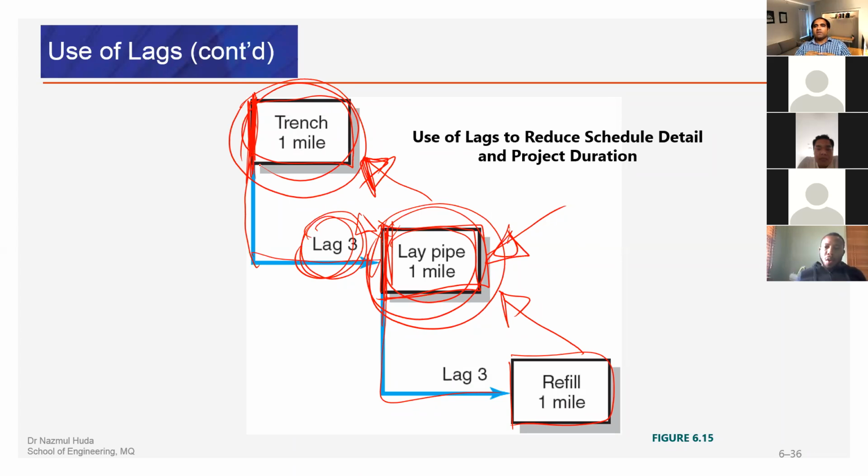That means notifying the following team, the people who are related to the following activity, that we are starting now. In 3 days, you can start your work. You can start laying pipe, or whatever the task is. This is about the lagging process.